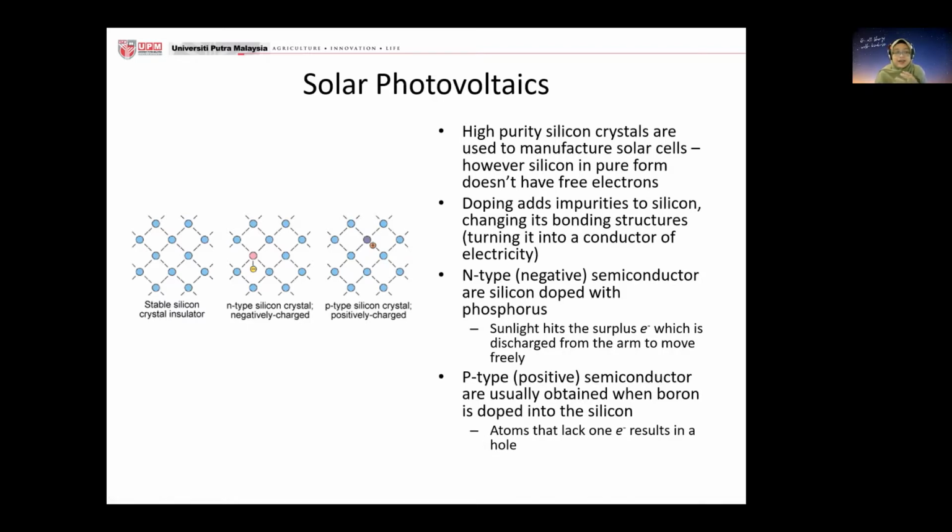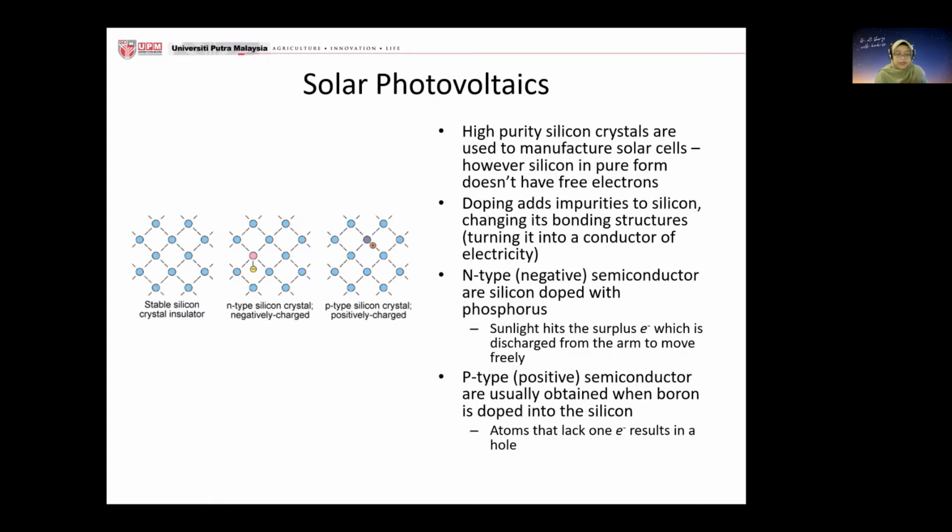Negative means it has a surplus of electrons. Why? Because when it's doped with phosphorus, the silicon will have 5 electrons instead of 4. The 4 electrons are bonded covalently, but there's 1 free electron there, and that can be discharged from the atom and move freely.